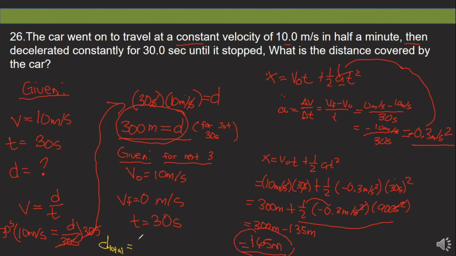We have 300 meters, the first distance covered for the first 30 seconds, plus the distance covered for the last 30 seconds, which is 165 meters. So 300 plus 165 is equal to 465 meters. This is the total distance covered by the car in 1 minute. So that is how we solve for the total distance covered.